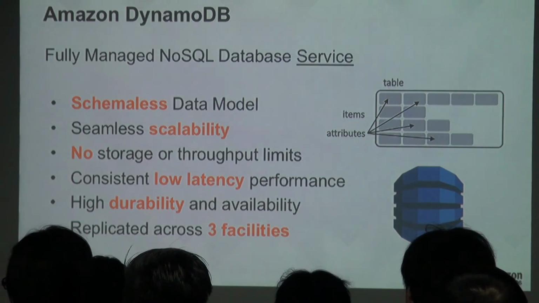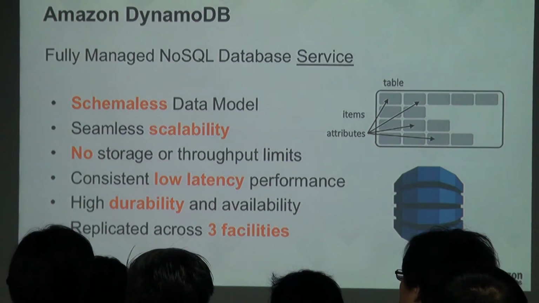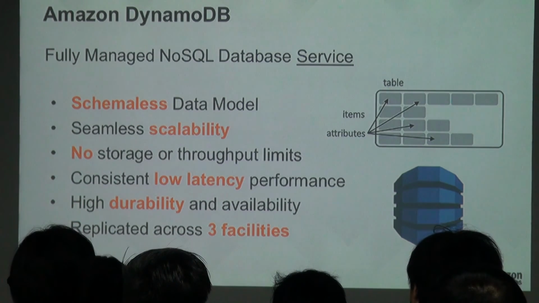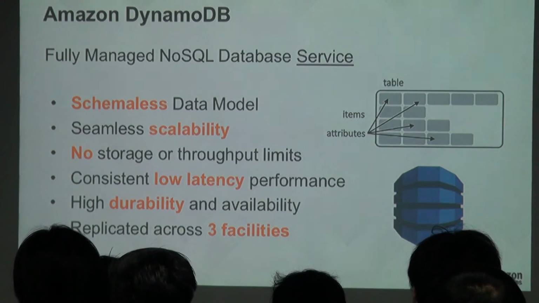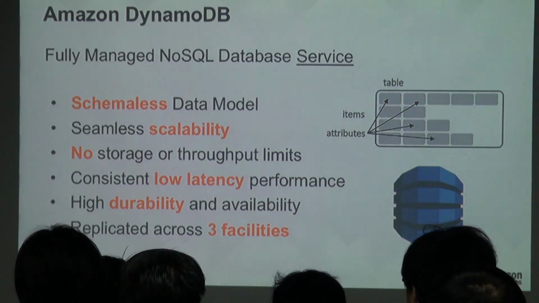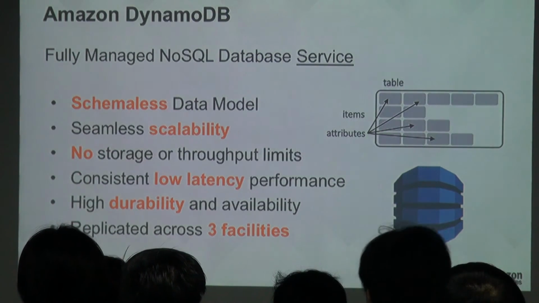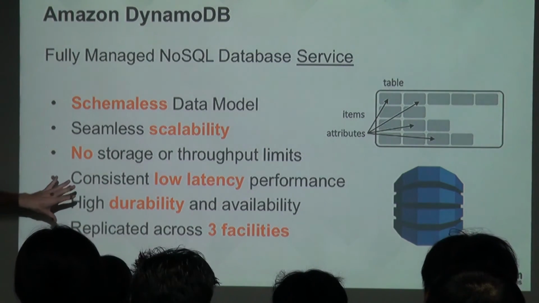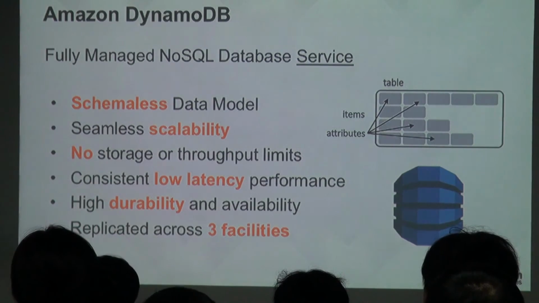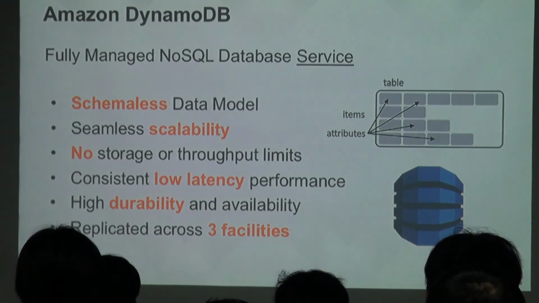Very good question. The question was if we could automatically adjust the throughput capacity based on timing or potentially load in DynamoDB. The answer is yes. There's actually an open source project that helps you do that. Because DynamoDB is an API, a web service, you can easily adjust that throughput at any point in time.